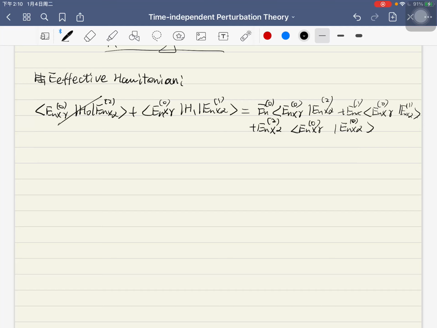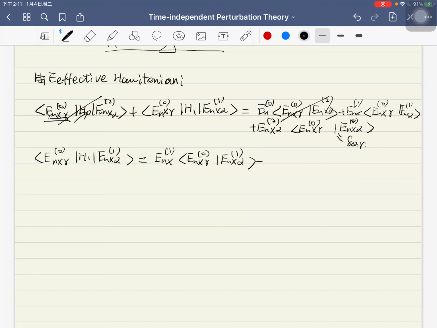So these two terms will be cancelled because this is the eigenstate of H0. And this term equals the delta function delta alpha gamma. So this equation becomes x gamma 0 H1 E n x alpha 1 equals E n x first plus x alpha 2 delta alpha gamma.